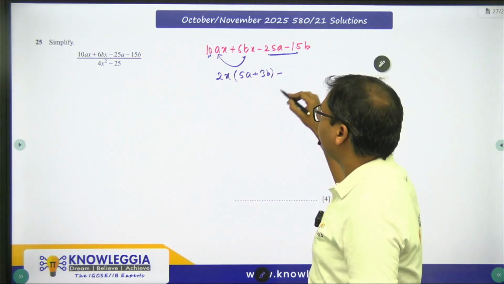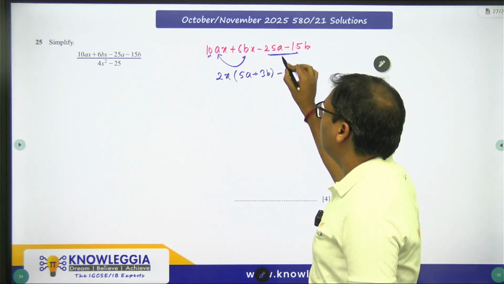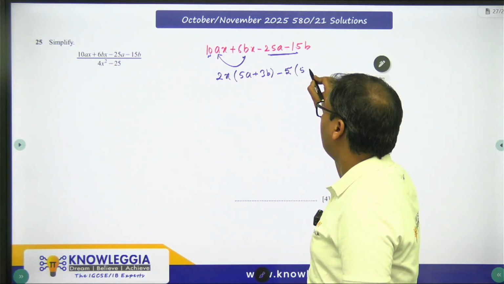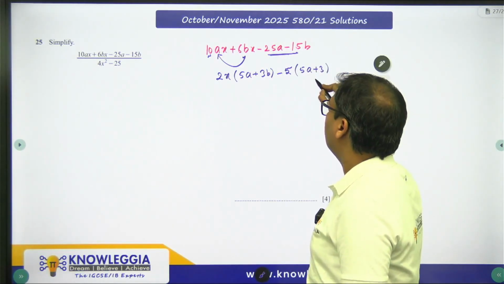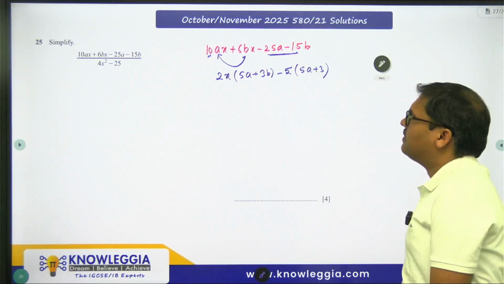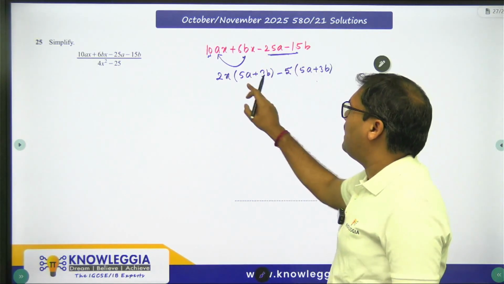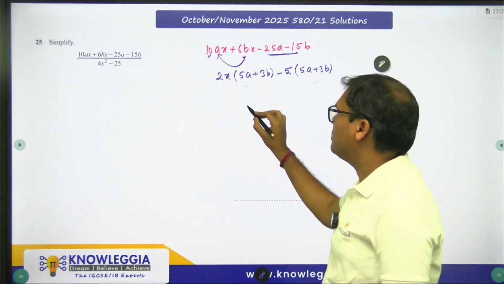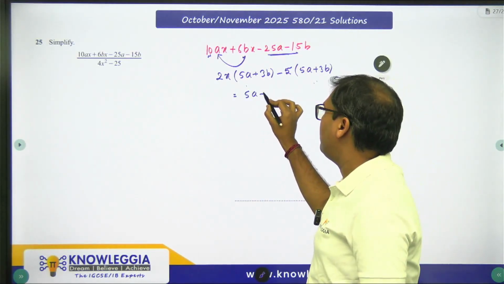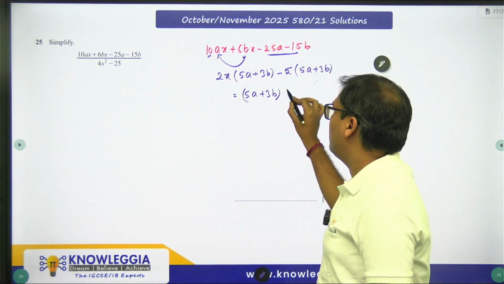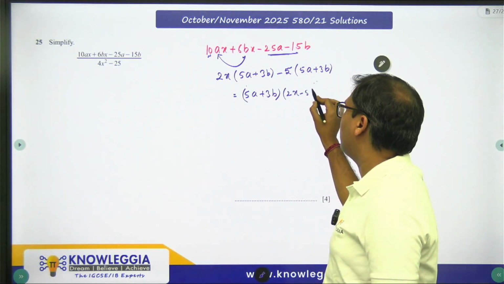You can see negative 5 I can take common, and this will become 5a plus 3b, because the negative sign has also been taken. Now you see 5a plus 3b is common. So taking 5a plus 3b common, what is left is 2x minus 5.